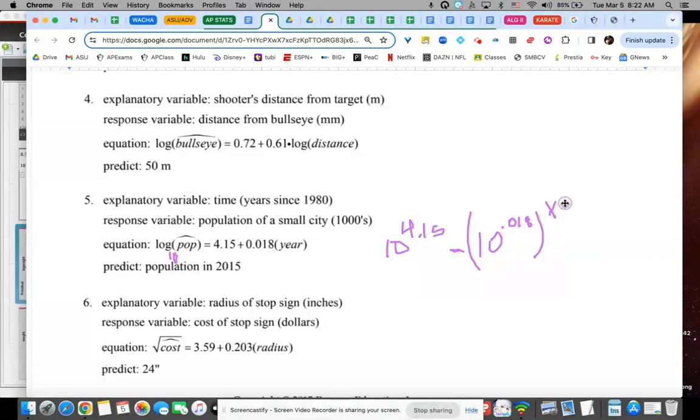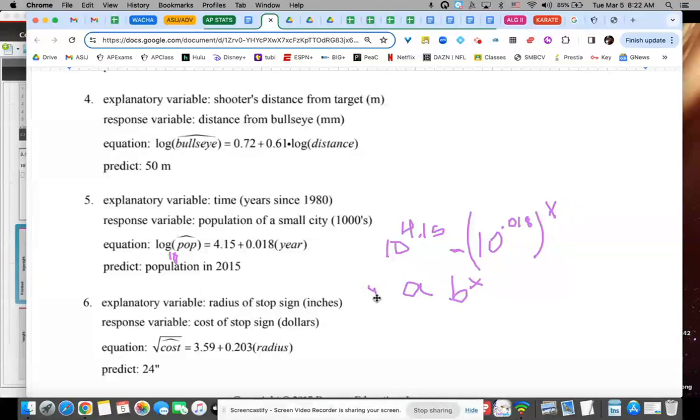So 0.018 times x would give you this as the power. I separated the tens out because of the addition. This becomes a number like a, this becomes a number like b, and then my x is in the power.